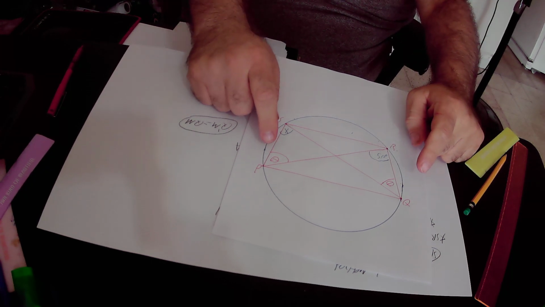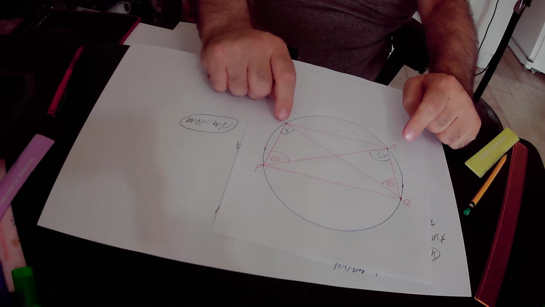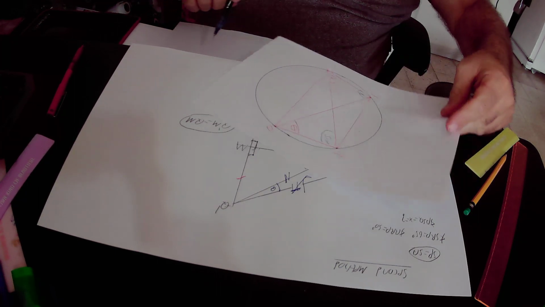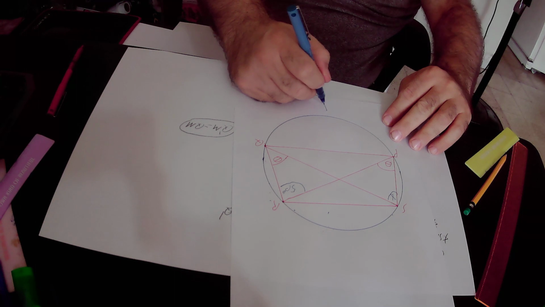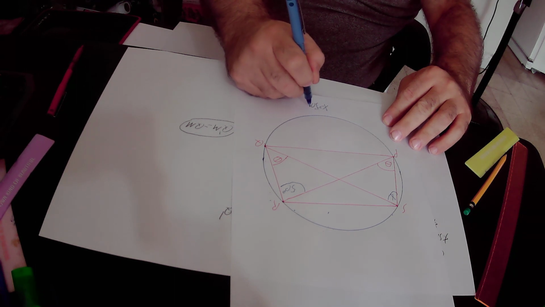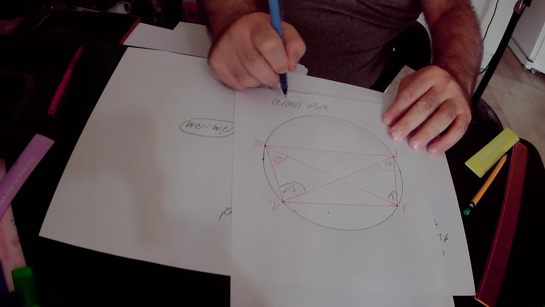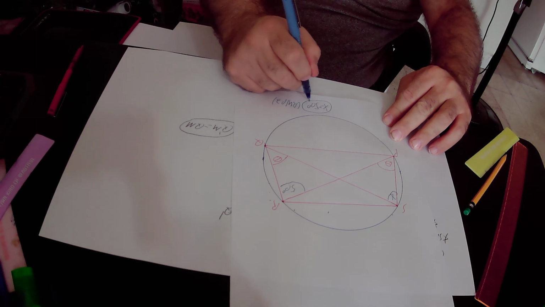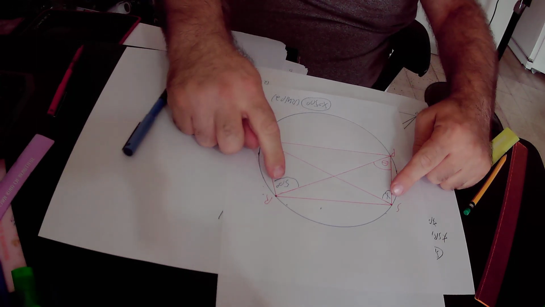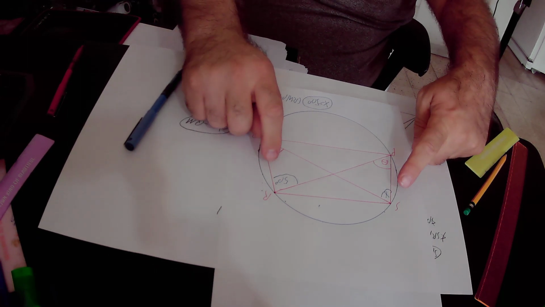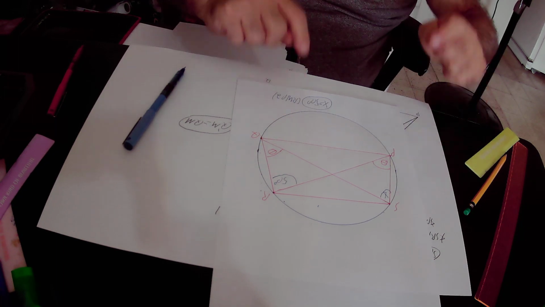Therefore, according to rule number 2, they are equal to each other. That is to say, X equals 50 degrees.